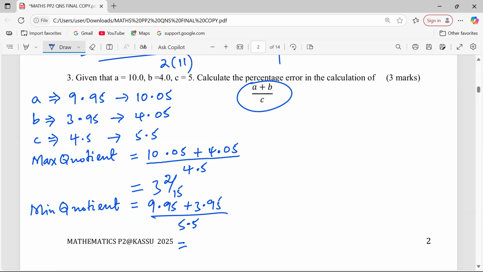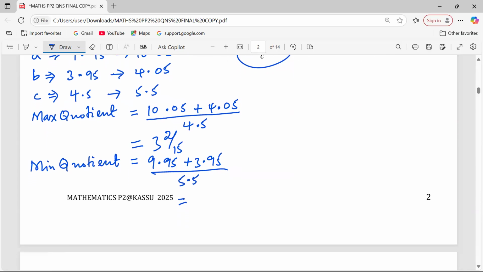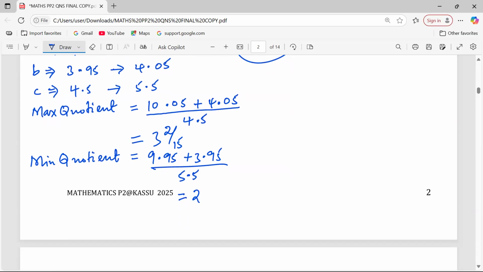What is this giving me? 9.95, and I add 3.95. Then I'm to divide by 5.5. This is 2 and 29 over 55. So we have maximum quotient, minimum quotient, and now we can look at actual quotient or working quotient.